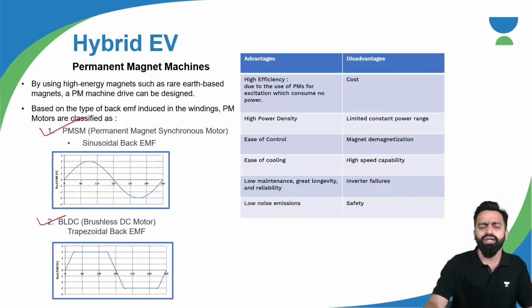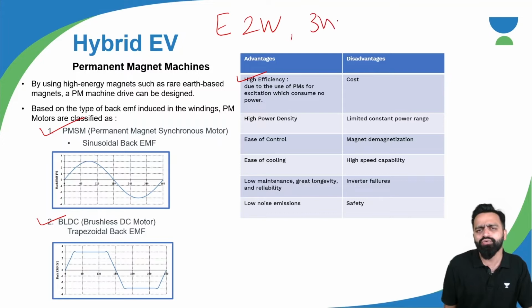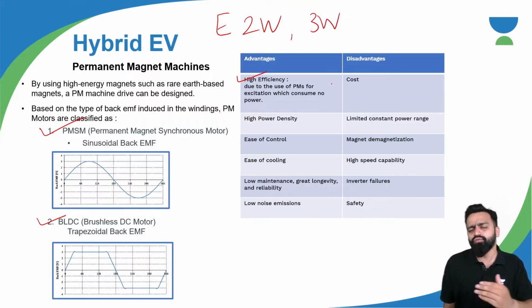If you understand why we are moving towards permanent magnet motors, first and most important, they have higher efficiency. You will find most electric two-wheelers and three-wheelers using these types of motors. If limited performance is required, most of them use the BLDC motor.